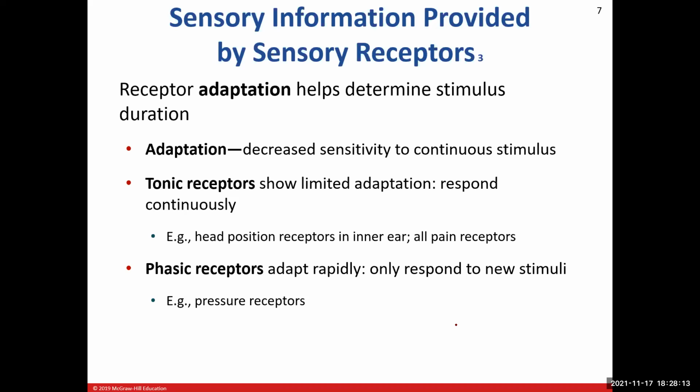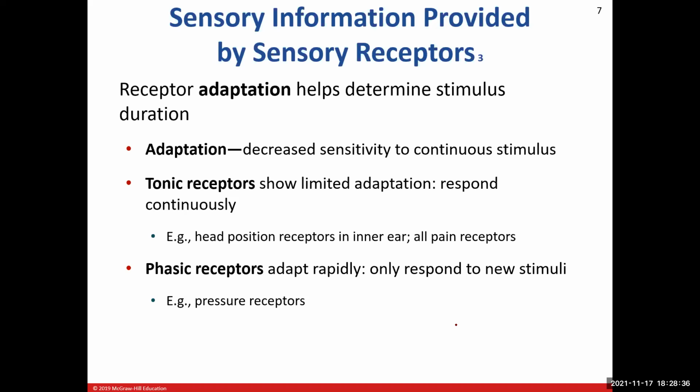The other type of receptors are the phasic ones. Now, these do adapt rapidly. This will be good. This goes back to my sock example. When you put the sock on, and then over time you notice that you're not noticing the tightness of the sock so much, that's because those receptors have adapted relatively quickly.